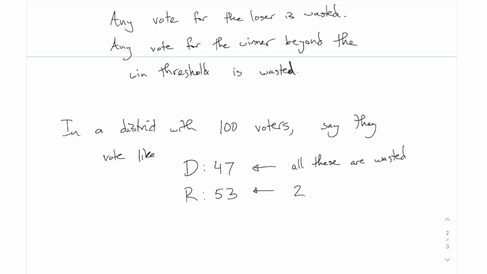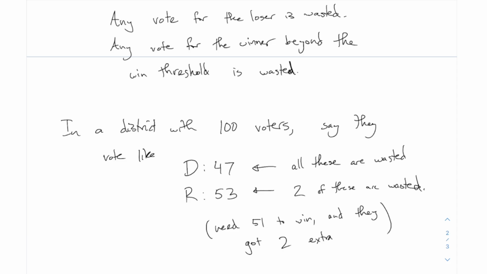Here, I'm going to say 2 of these are wasted, because you need 51 to win, and they got 2 extra. So those 2 extra are the 2 wasted votes from the Republicans. And in this case, the Democrats have wasted far more, but that's to be expected because they lost. All the votes for the loser are wasted.